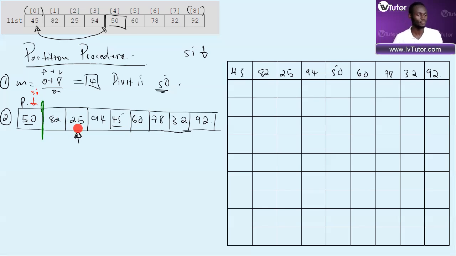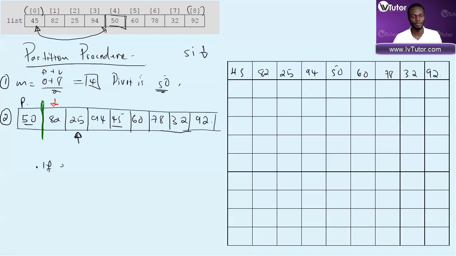If the current item is less than the pivot, these are very simple steps. Apply them as I'm saying them. Shift small index by 1 to the right, which means your small index shifts to the right, and it comes here, right? That means it's no longer here. So if the item is less than the pivot, step 1, shift your small index to the right, right? So let me just try and write this down.